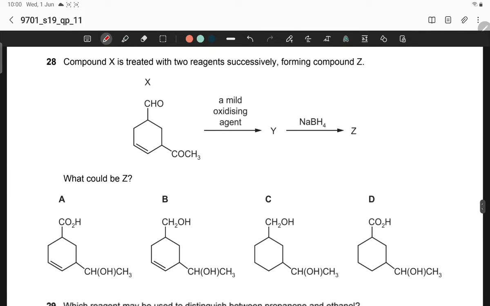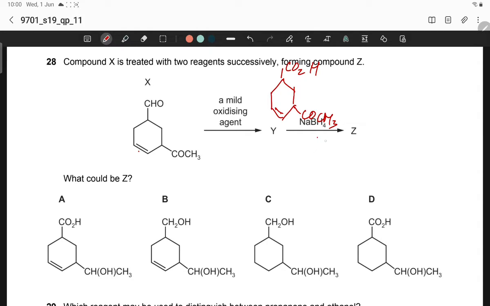Question number 28. Compound X is treated with two reagents successively forming compound Z. CHO, CO, CH3 and O. Mild oxidizing agent to produce COCH3 and this is CO2H.